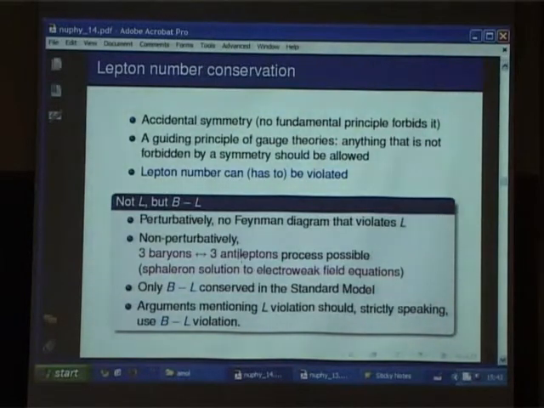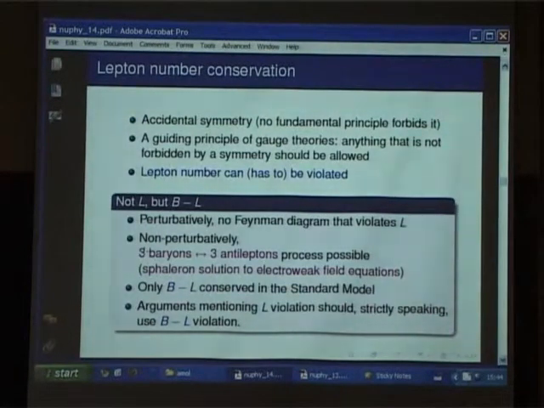The solution is not a linear thing, it's not just a single psi. It involves psi 1, psi 2, psi 3, psi 4, psi 5, psi 6. And 3 baryons means 9 quarks. So it's a solution that involves 9 quarks and 3 anti-electrons. It's a very messy solution, and that's the reason I don't write it down.